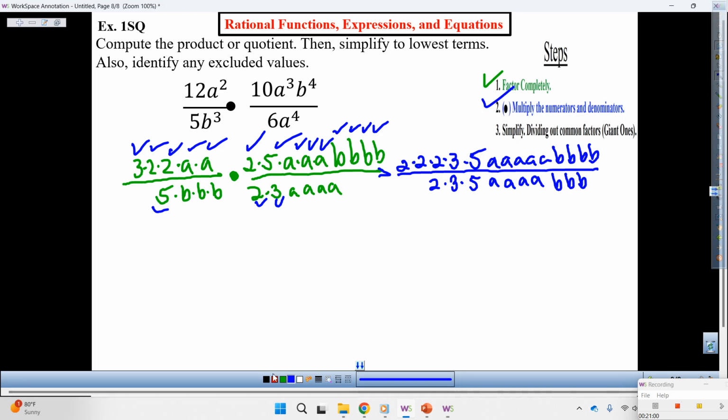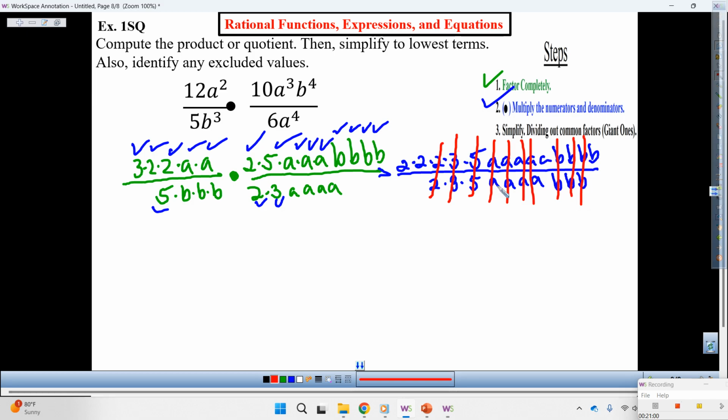Step 3, simplify, or giant ones. Tell me with this one, Joseph. Giant ones are 2, 5, 3, 4 A's, 1, 2, 3, 4. 3 B's, 1, 2, and 3.